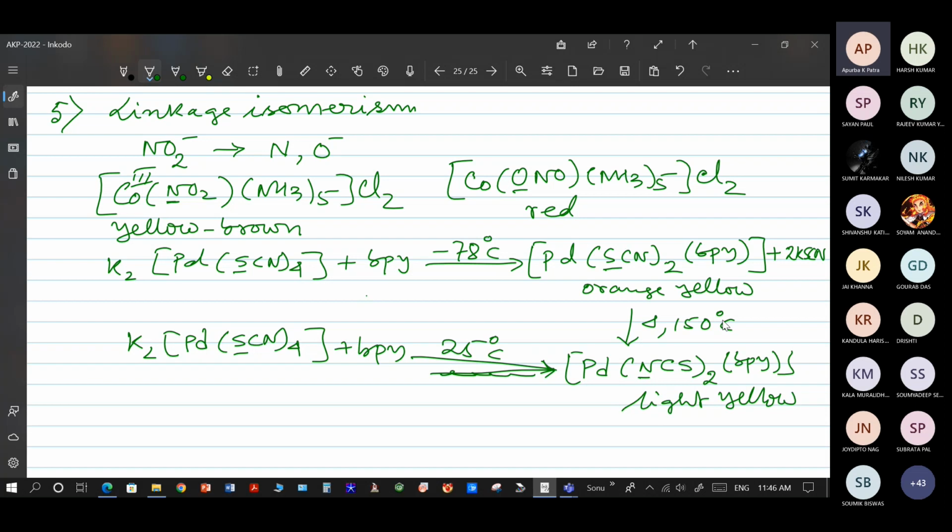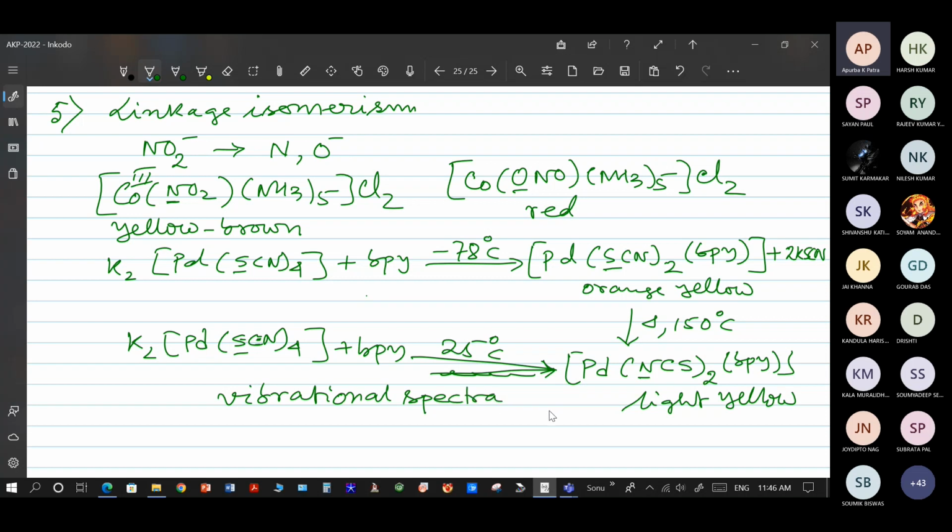As well, the stretching frequencies in the FTIR spectra, like the C-S stretching frequency and the C triple bond N stretching frequency, will differ depending on whether it is coordinated via nitrogen or sulfur.